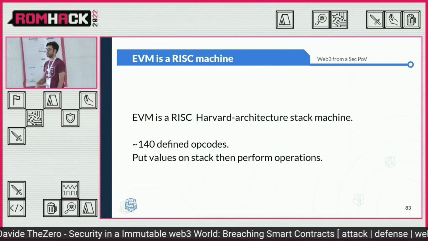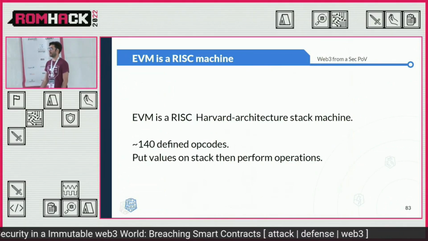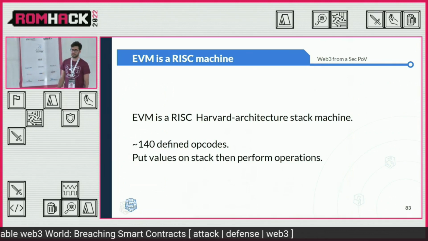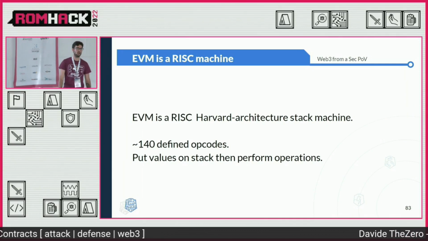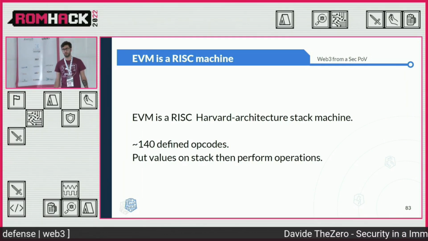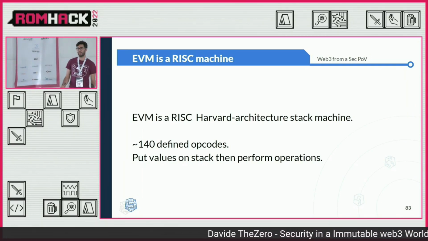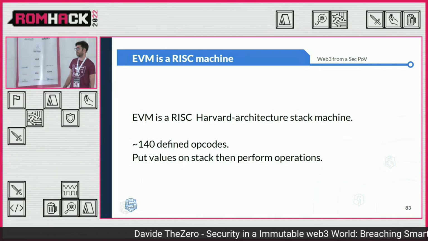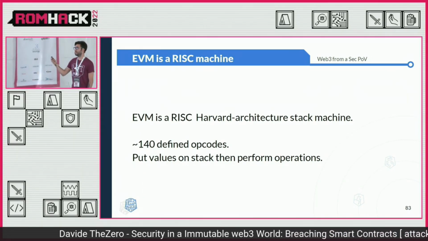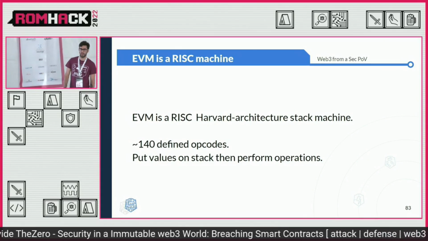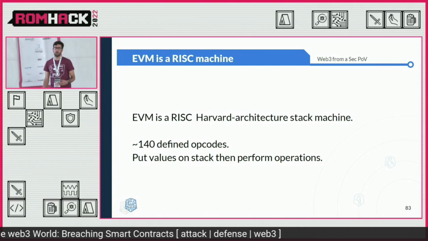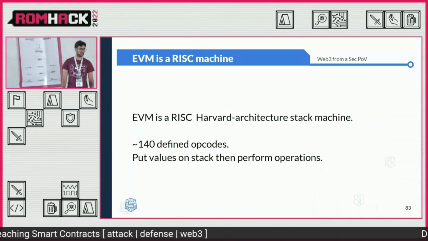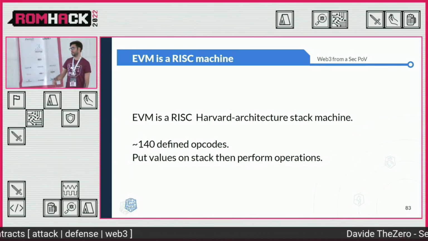And the EVM, as I said before, is a RISC architecture. And it is RISC because there are only 140 defined opcodes and instructions, with a hard limit of 255. And it is a stack machine. So values are put in the stack, and then we can execute operations on the values in the stack and get the result in the stack as well.